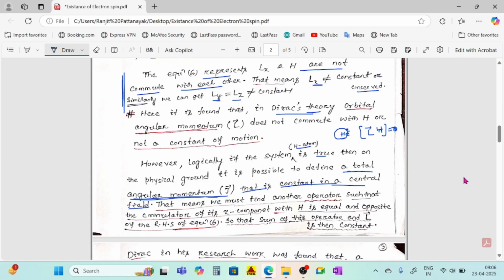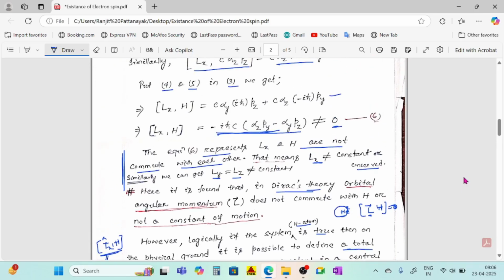What is the meaning of that? That means we must find another operator, an additional term along with L, which will satisfy the total angular momentum. That means we must find another operator such that the commutator of its x component, suppose we consider another operator T and its x component, with H should be equal and opposite to this equation 6 value.